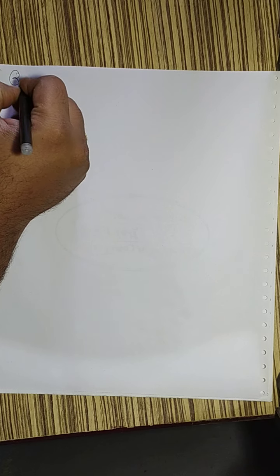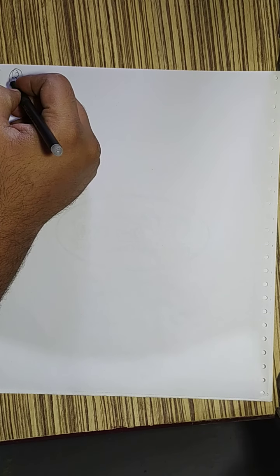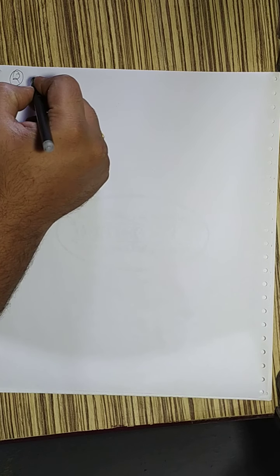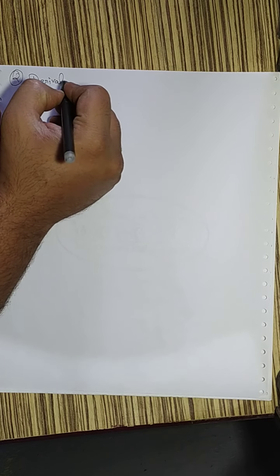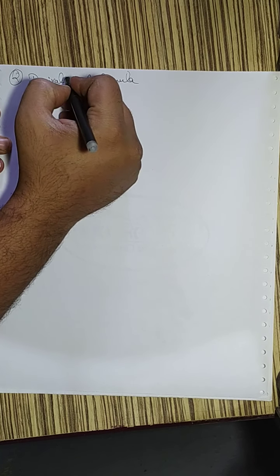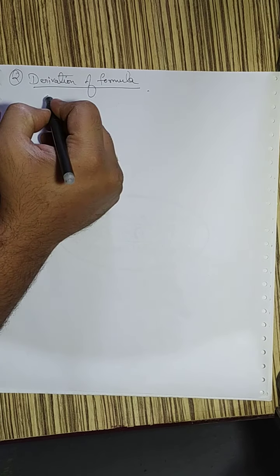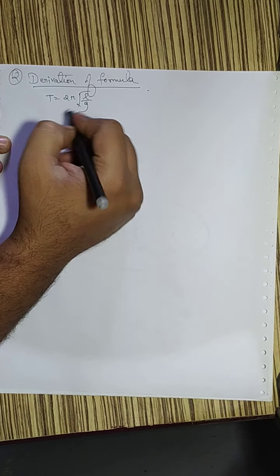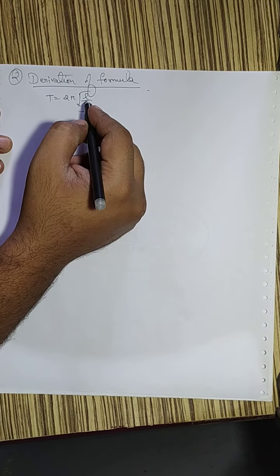Next, the second use of the dimensional formula is derivation of formula. Now let us say we have this formula 2 pi root L by g. How did we get this? We got this formula from experimentation.